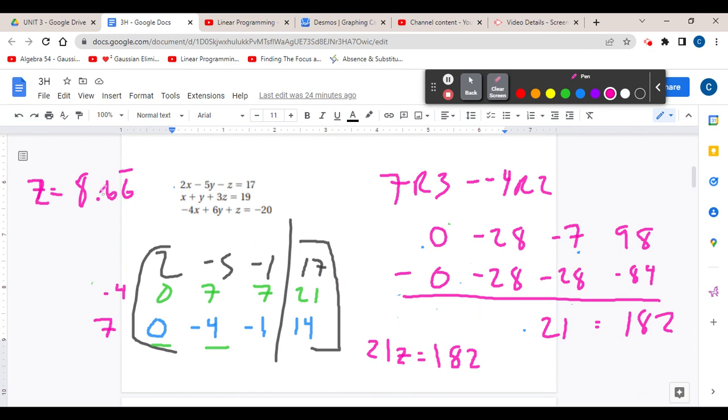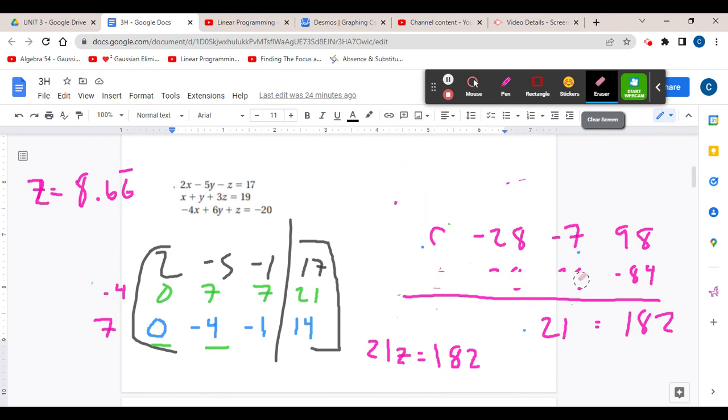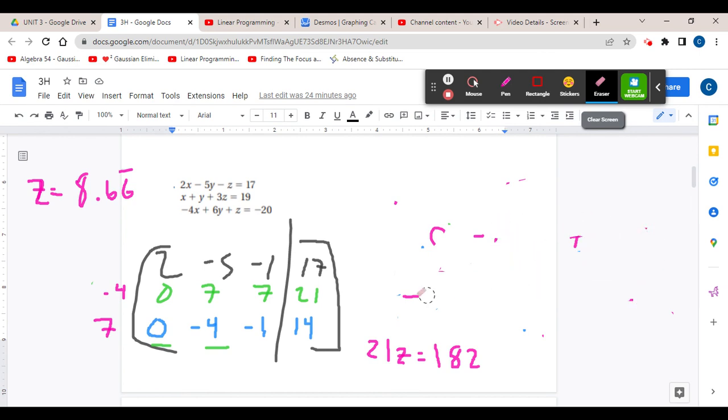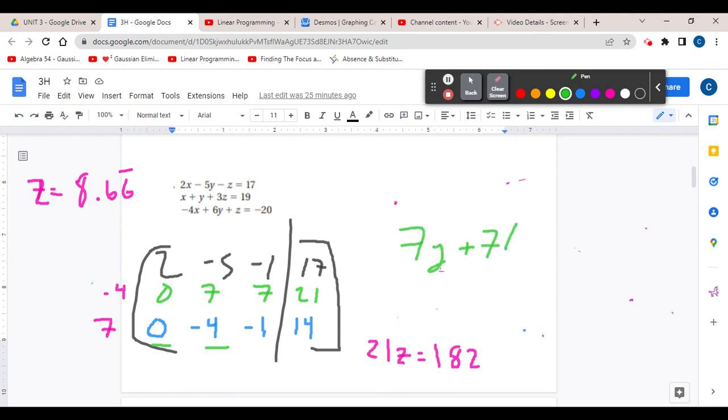All right, and then once we have z, we can go back to y here in the second row. So going to our second row, we have 0x, 7y plus 7z, which is 7 times 8.66 repeating, equals 21.